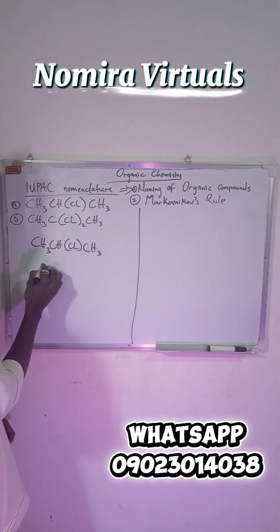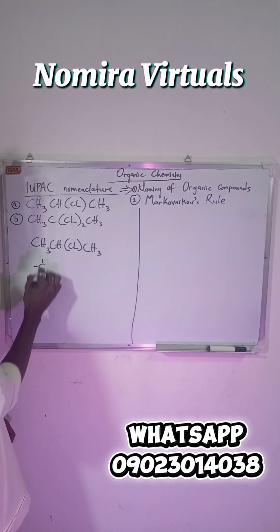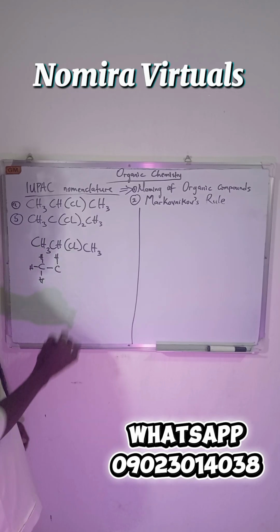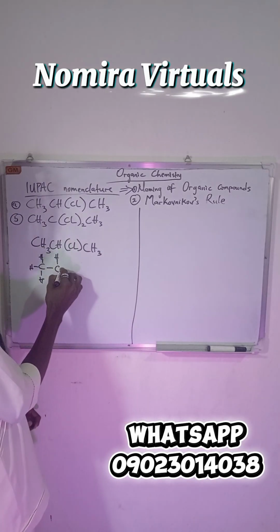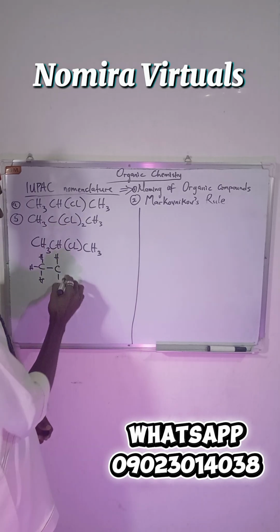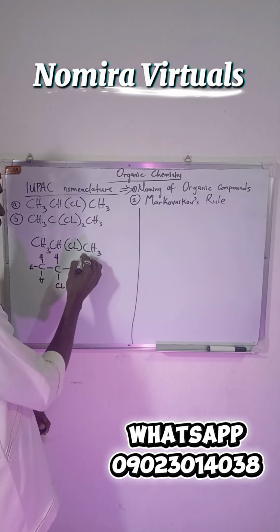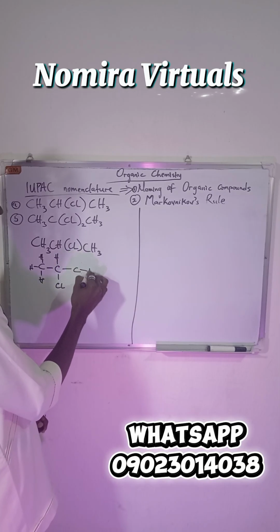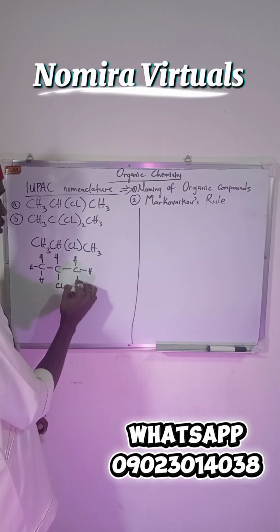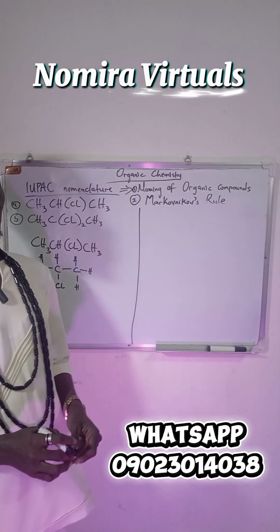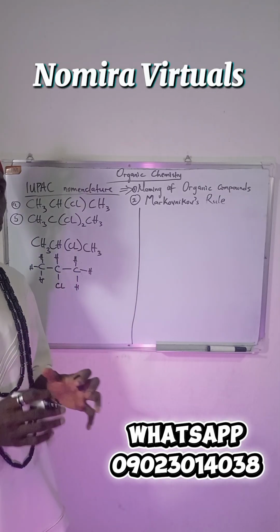So we have this C bonded to 3 hydrogen atoms, then bonded to this carbon that contains only 1 hydrogen atom, then bonded to a chlorine atom, which is in bracket or parenthesis, then bonded to this particular carbon that contains 3 hydrogen atoms. This is exactly how to write this molecular formula in structural pattern.